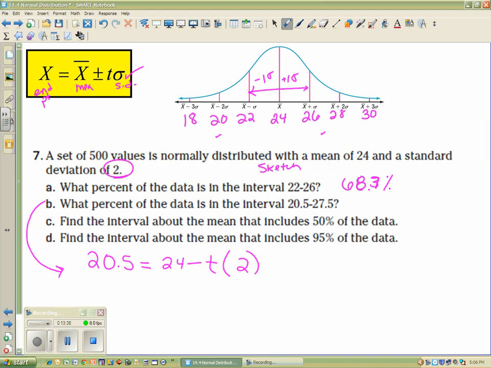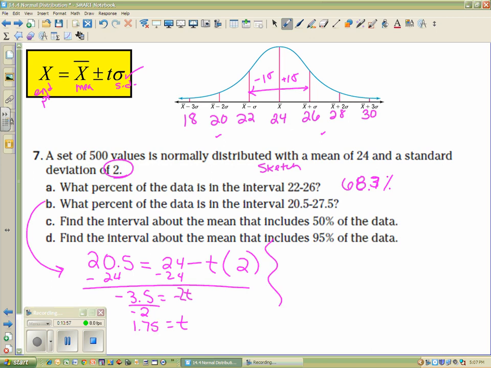Okay, calculating this, I'm going to subtract 24. That's going to get me negative 3.5 is equal to negative t times 2, so negative 2 times t. Divide by negative 2, and I get 1.75.